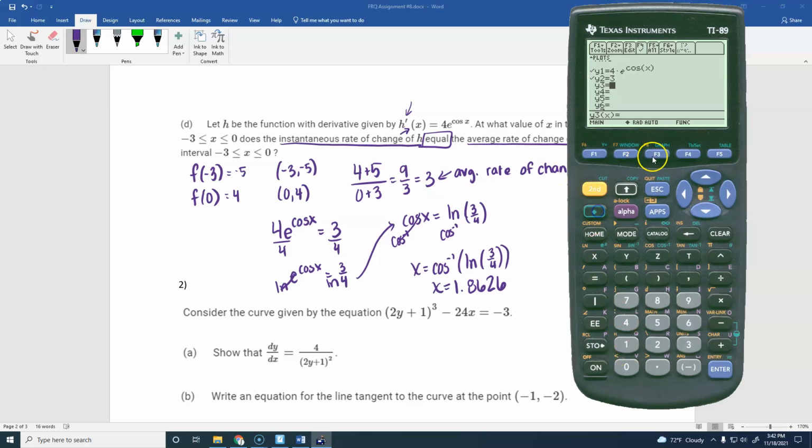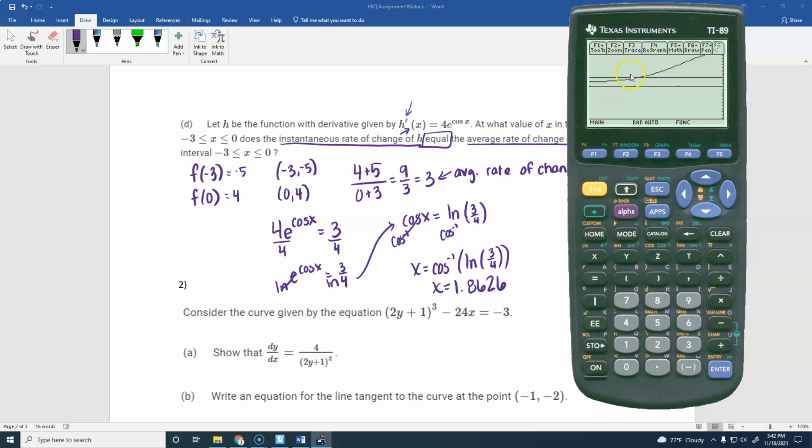And if you graph this, we really only want to know about this from -3 to 0. So I'm going to go to my window, and I'm going to make my x min -3 and my x max 0. And I'm going to graph. And so this point right here where they cross is what we're looking for.